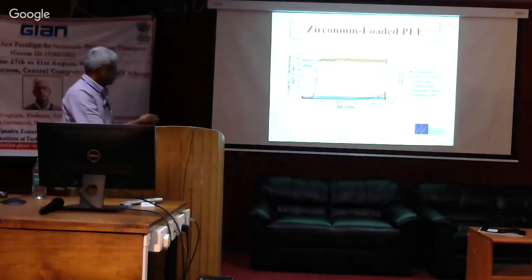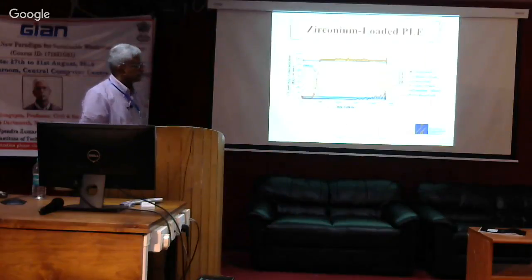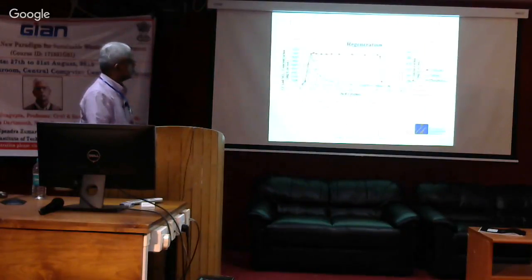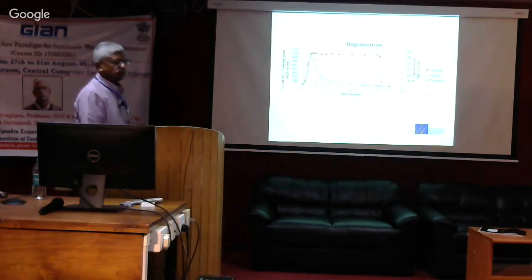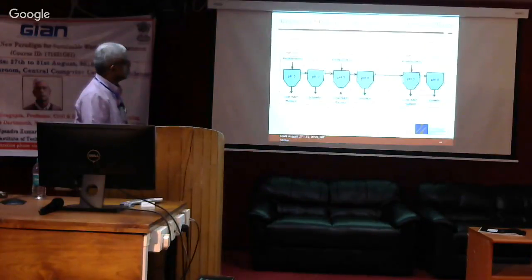So we tried that and we got a little better, but not as good as we would have liked it to. So why, I don't know. But the steps are pretty much the same. Zirconium loading is a little more tricky. We will not get into that.